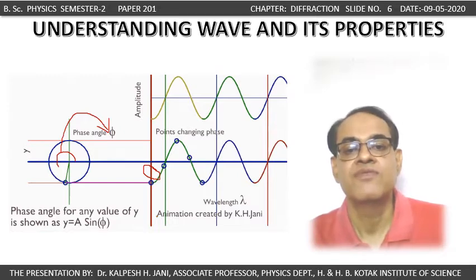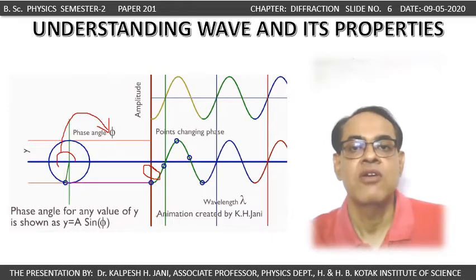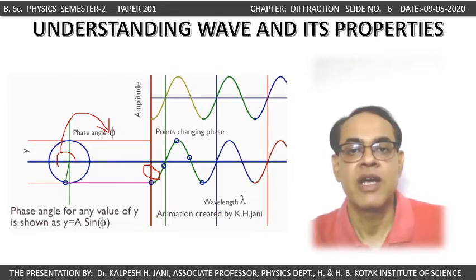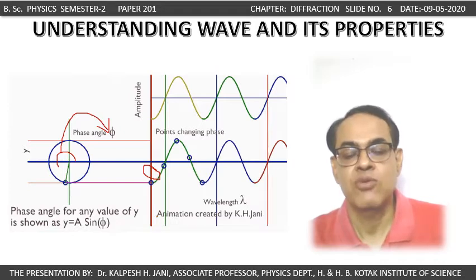This phase tells us at which portion of the wave we are looking. Suppose you take the y position of any one constituent, then at which position of the wave we are looking is shown by the value of phase.